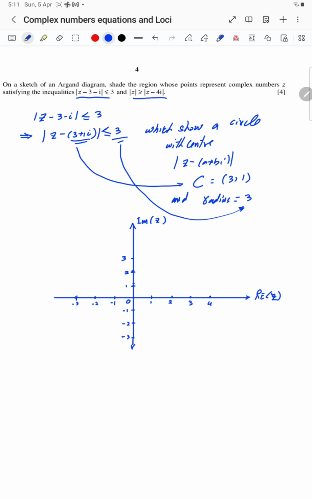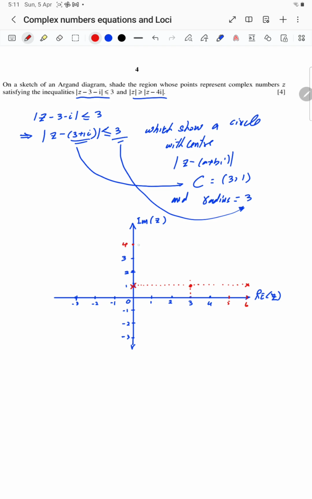Okay, let's plot the circle with center (3, 1). (3, 1) will be here, and this is the center of the circle. As the radius is 3, along the center we can place circumference points: 3 units to the side, and 3 units up.